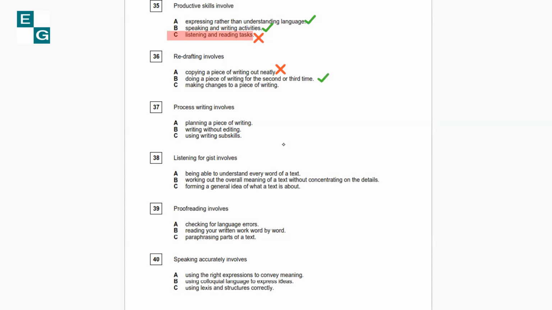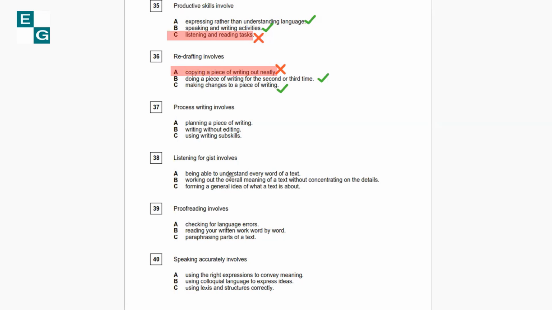You write down, check out, write again, everything. Double check, find more mistakes, and write again. And making changes to a piece of writing. You make those changes with the intention of improving your writing. So the answer we are looking for in number 36 is option A.